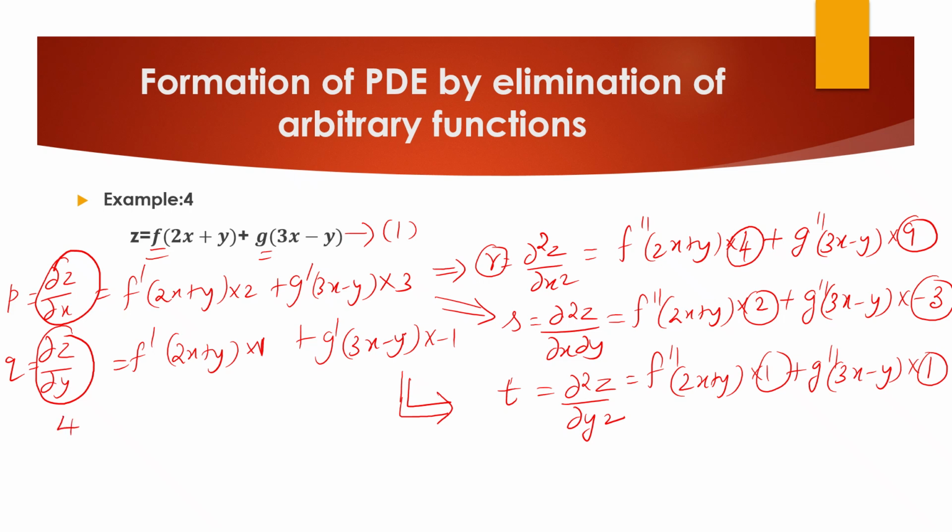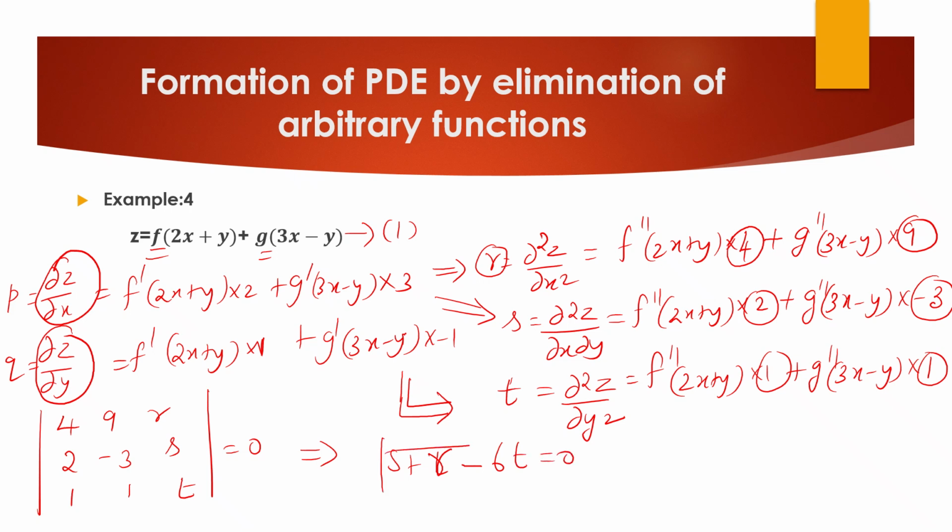So now we are writing the coefficients in 3 by 3 determinant form. So it is 4, 9, R, and 2, minus 3 and S, and 1, 1 and T. Now solving this determinant, we get our resultant PDE as S plus R minus 6T is equal to 0.